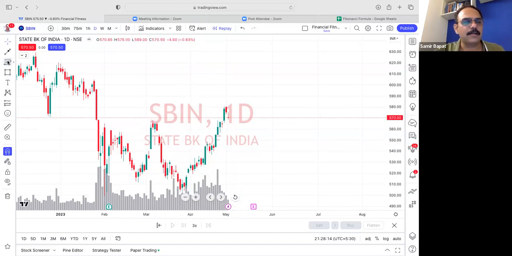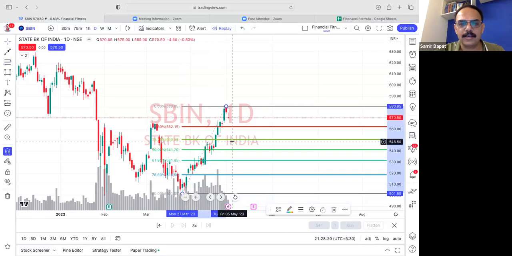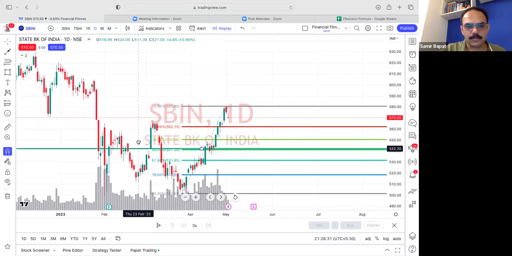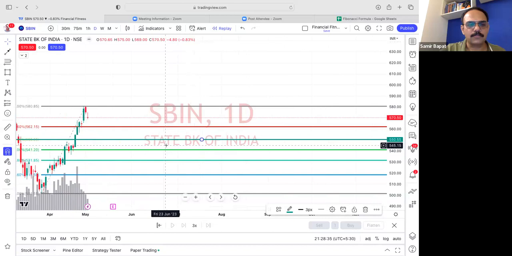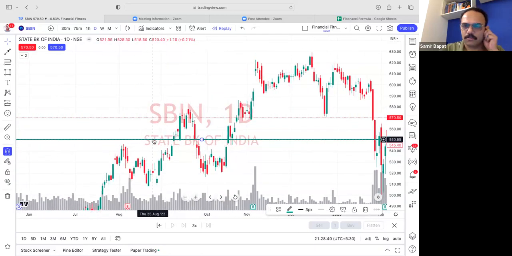Let's say we put this tool here and it has gone till here. Is it having any support at 38.2? Let's see. Okay, some support here. Not much, maybe at this level.